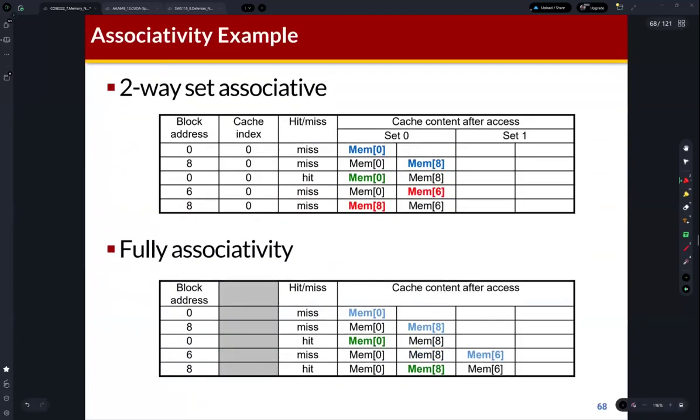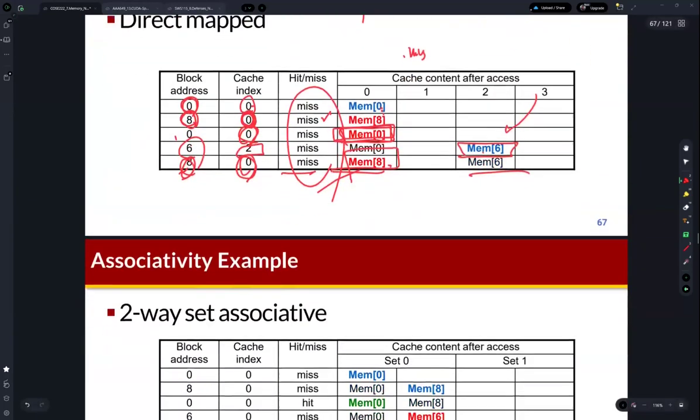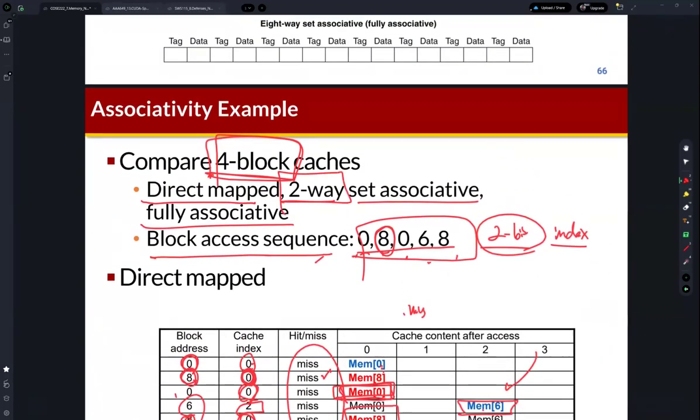Then how about the two-way set associative cache? This is the total number of blocks, and it's a two-way set associative cache, which means that one set includes two blocks.